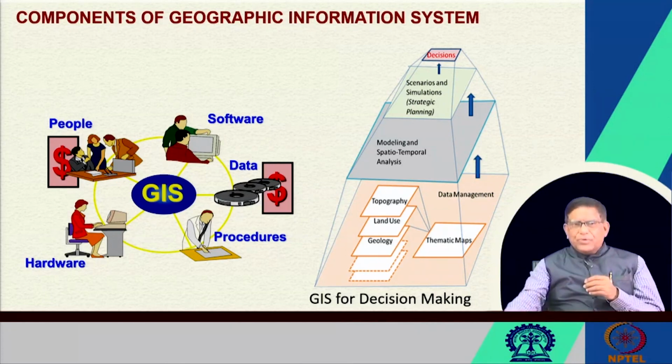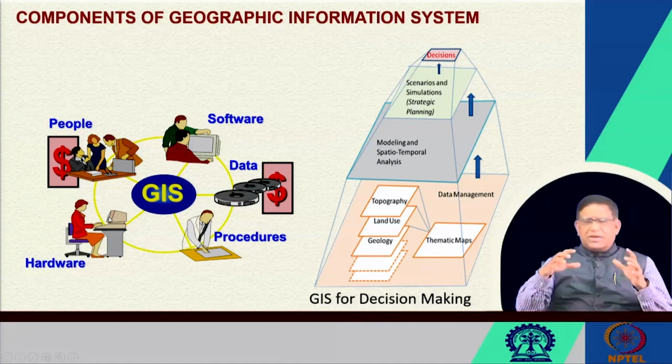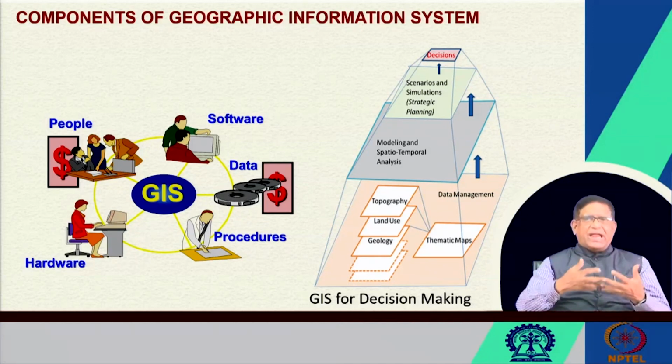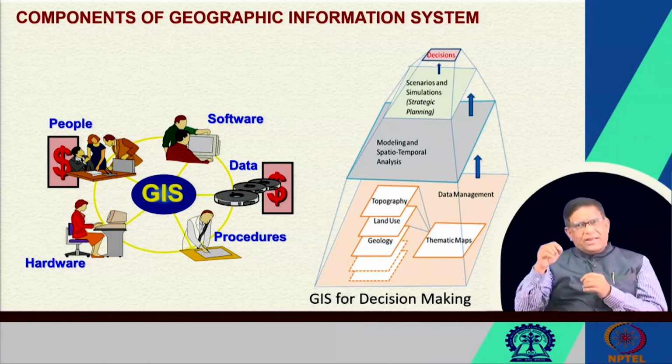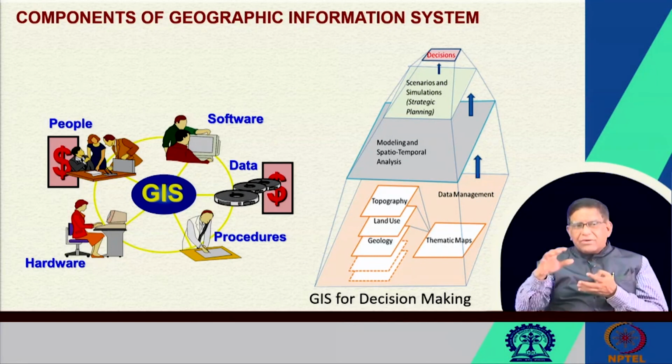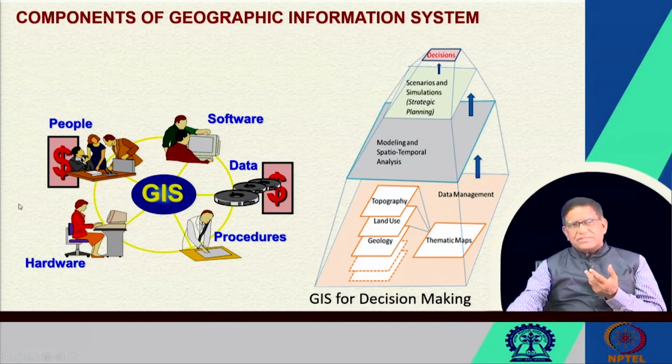Then you need the hardware: what type of computer, and how you will get the data input, whether you need a scanner, or are getting it digitally, or taking a photograph. That hardware part is necessary, and of course the trained people who will handle all these things are brought into a GIS.